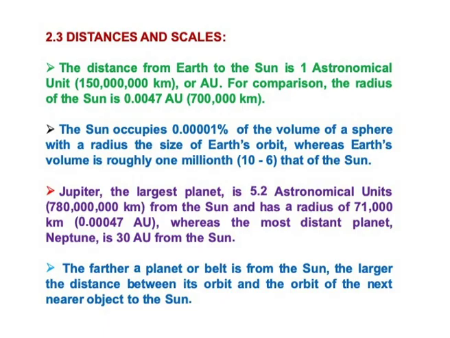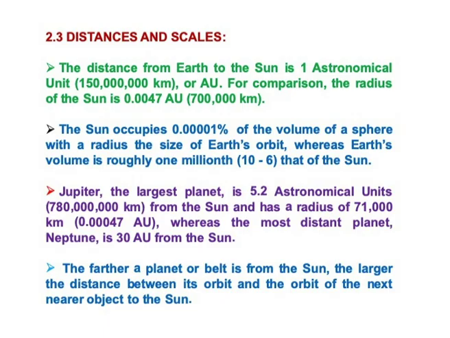You see the difference between Jupiter and Earth. Jupiter is almost 5.2 astronomical units from the sun, and has a radius of approximately 71,000 kilometers.